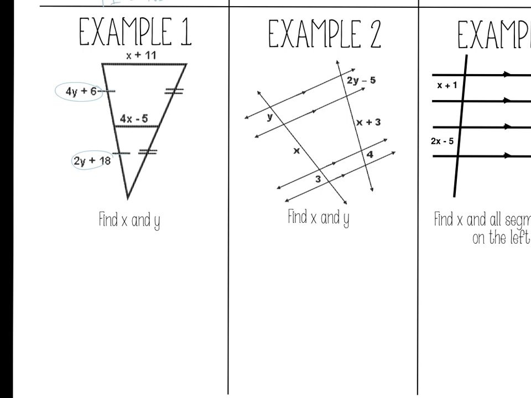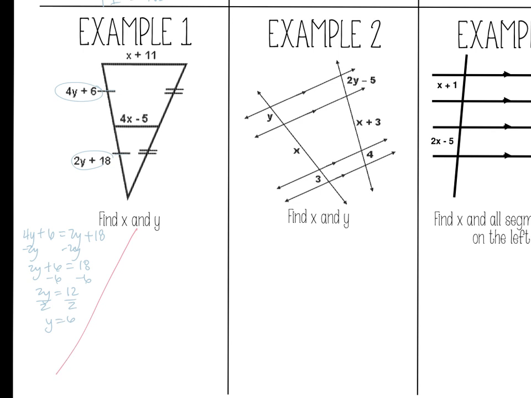First, let's find out what y is. If those are equal, then let's set them equal to each other. So I have 4y plus 6 equals 2y plus 18. Subtract 2y from both sides. 2y plus 6 equals 18. Subtract 6 from both sides. 2y equals 12. Divide off the 2, and y equals 6.